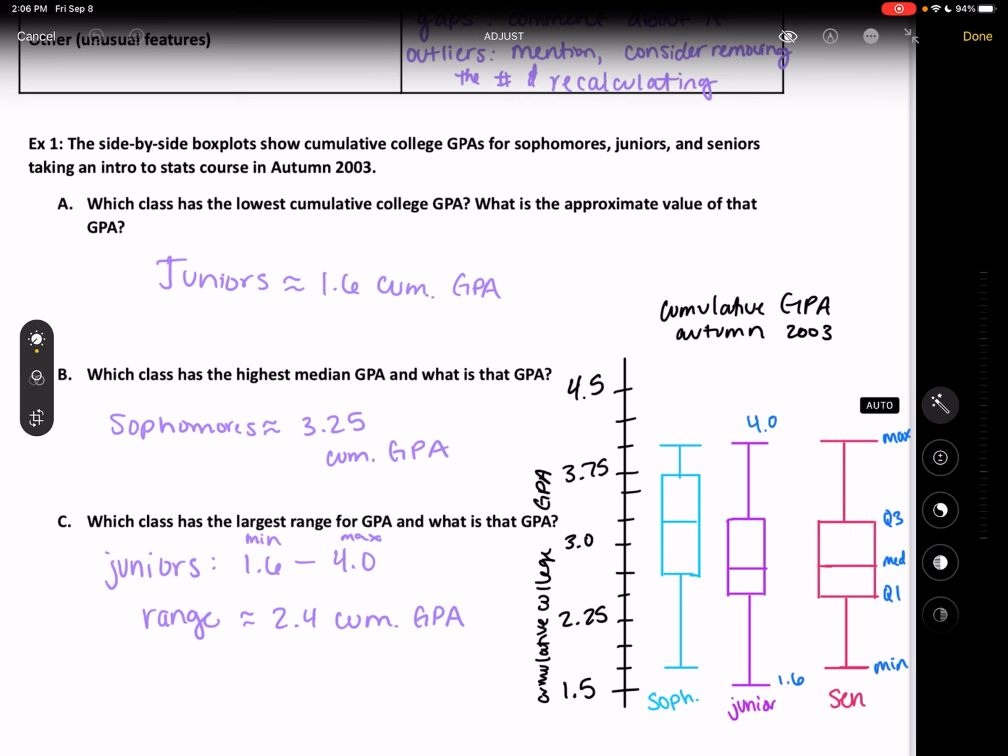If it's really far on one side or the other, it's right or left skewed, depending. I would say juniors have the most symmetric. No, it is seniors. We can count the increments in each whisker. Okay, it is seniors. Told you.